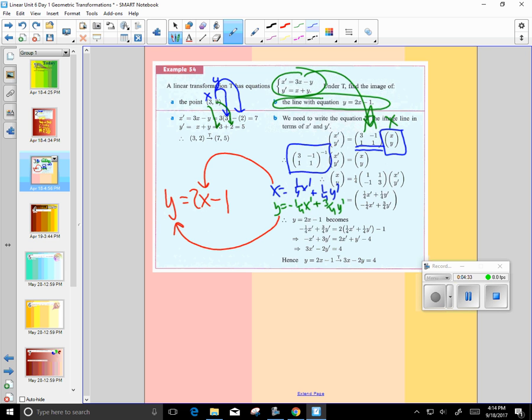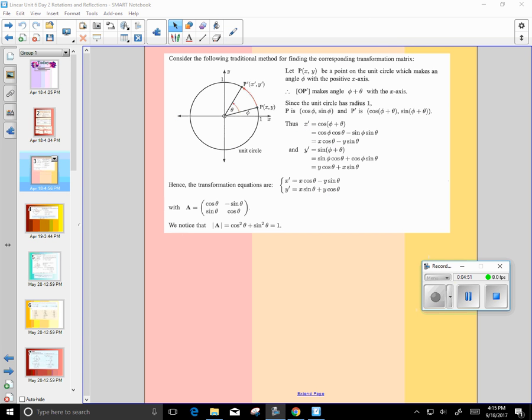Plug those in and solve algebraically, and that's what they did here. And they ended up with 3x minus 2y equals 4 as your new transformed image of that line after you moved it through this transformation. But that's only one transformation.